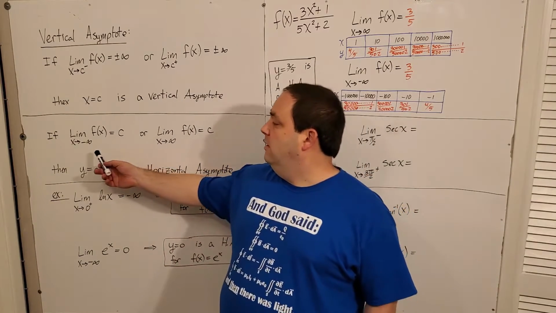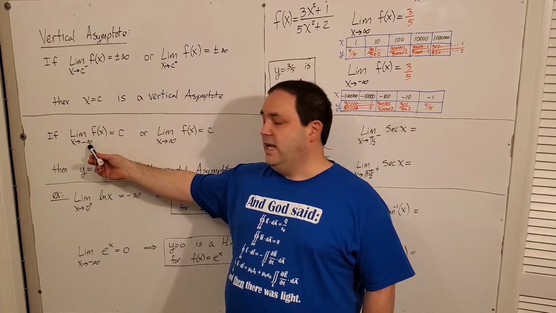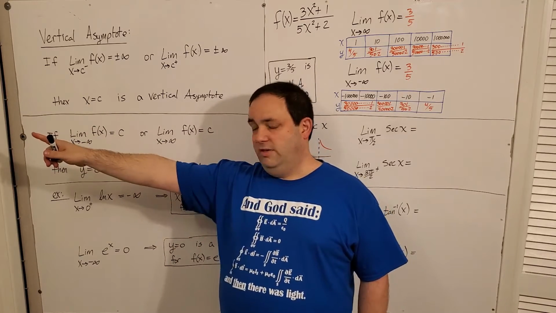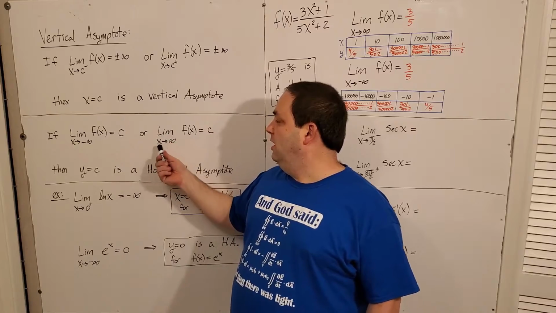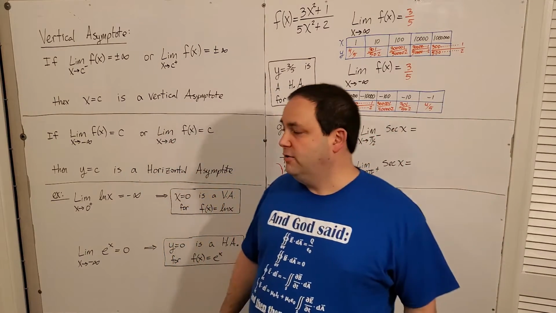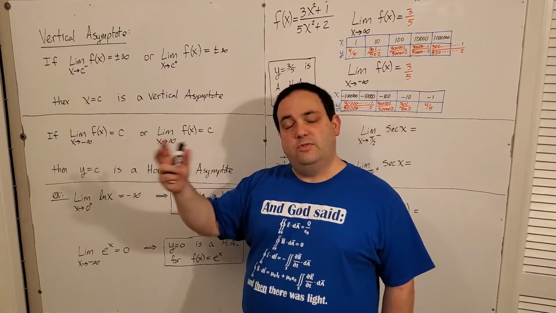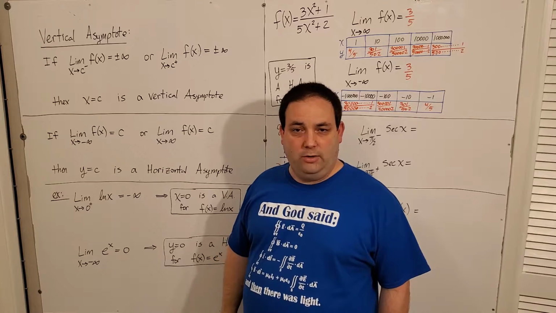So then, vice versa. If I do a limit as x approaches negative infinity, right, which is a limit only from the right, or a limit as x approaches positive infinity, which is a limit only from the left in that direction, and you actually get a numerical value instead of some sort of infinity or unbounded pattern, okay?